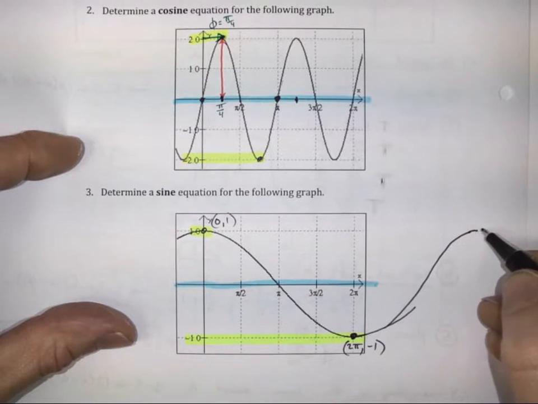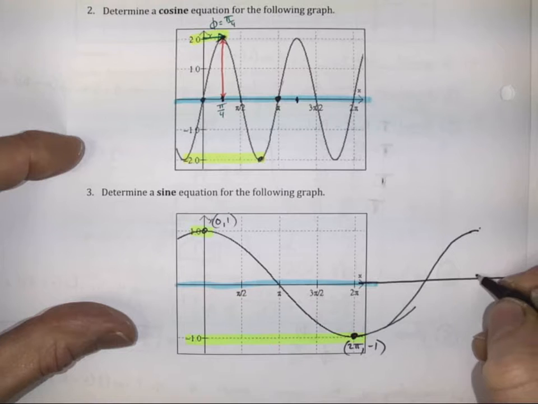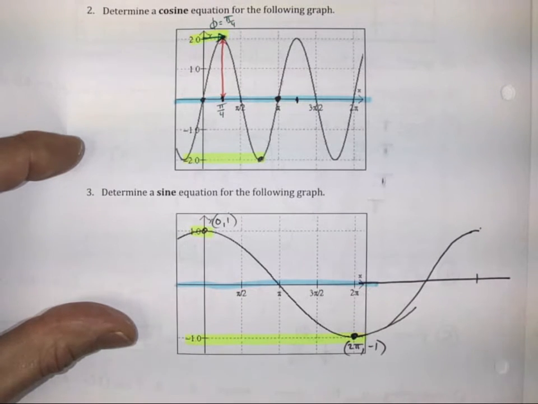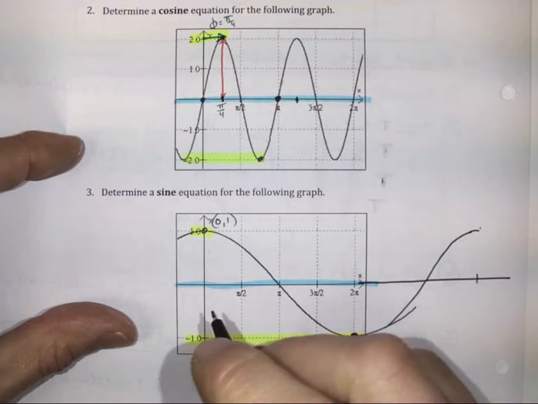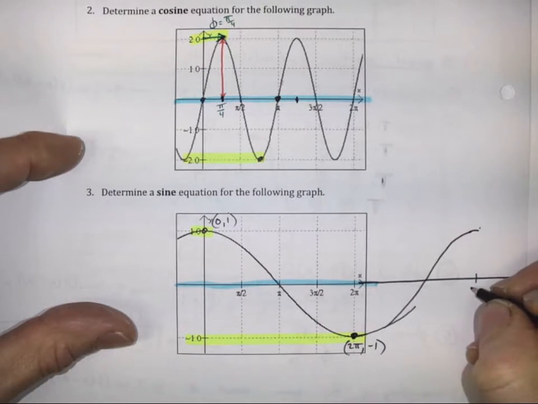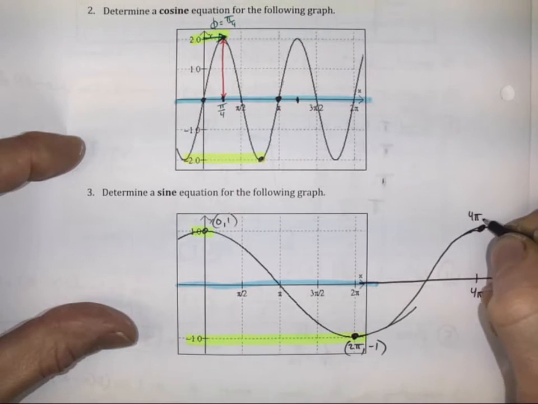Now, as you've probably noticed, these graphs tend to be fixed. They don't change their wavelength within a single wave. So that means we're probably going to be twice as far from 2 pi once we get to the next peak, which is going to be 4 pi. So we're going to expect another peak at (4 pi, 1).